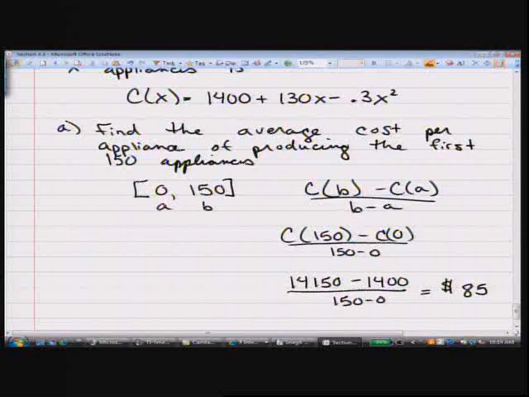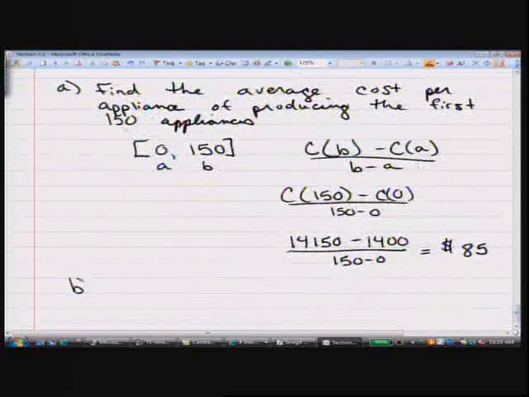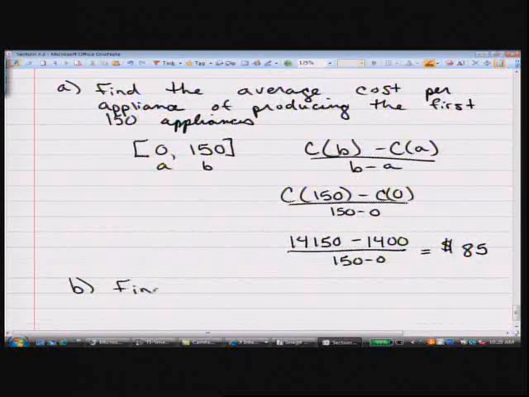So then it says find the marginal cost when 150 appliances are produced. That's this new thing.